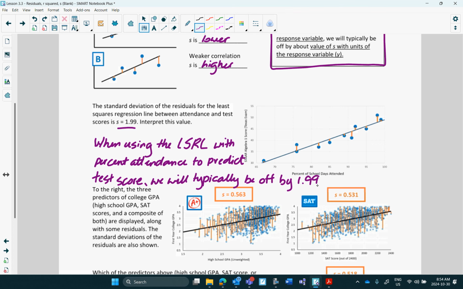It's a raw test score. It's not a percent. Okay. So 1.99, I guess I would just put units. If the units don't look obvious, just put units.